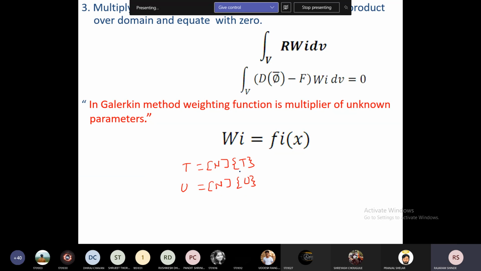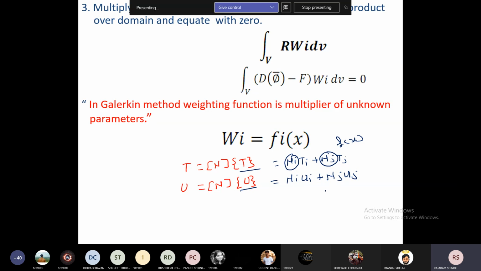Now if you observe these equations, these are the unknown parameters or unknown constants. Here this is Ni Ti plus Nj Tj. Here Ni and Nj are functions of x. Am I right? Here also we are writing Ni Ui plus Nj Uj.